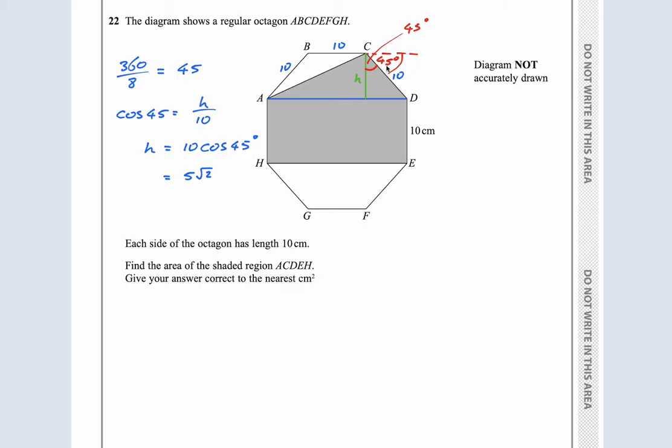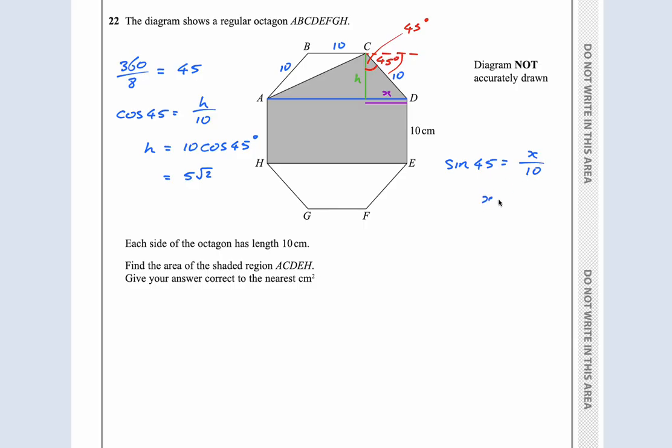I can find this value here, from here to here. I'll call it X. I can find that similarly to the way I found H, but using sine. So I can say sine 45 is equal to the opposite, X, over hypotenuse, which is 10.